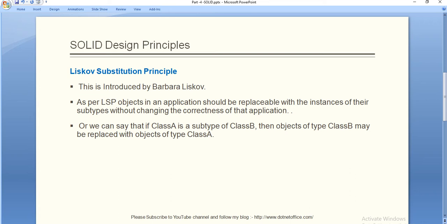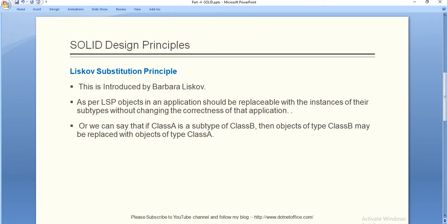It means that if we create the object of a particular derived class, the logic should remain as it is without making any changes to the base class. Or we can say, suppose class A is a subtype of class B, then the object of class B may be replaced with the object of type class A. So that is the Liskov substitution principle.